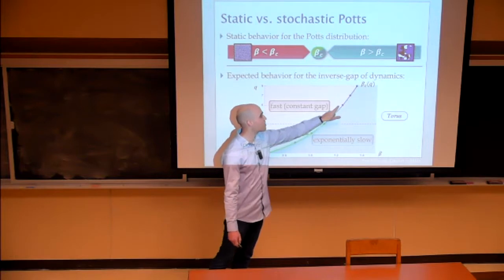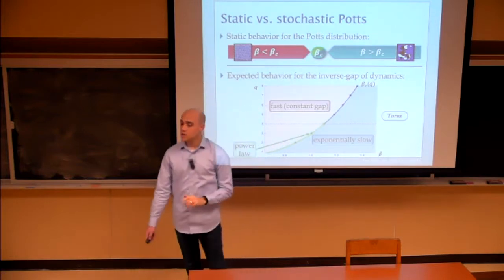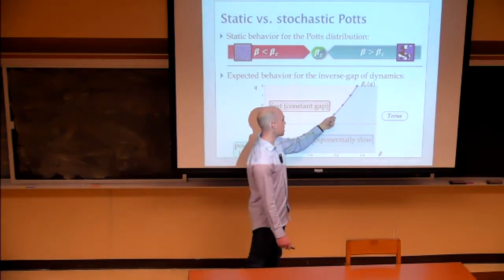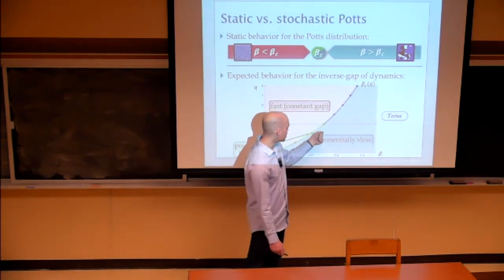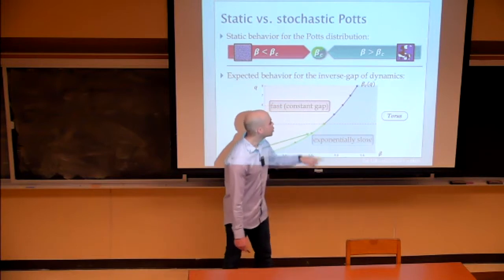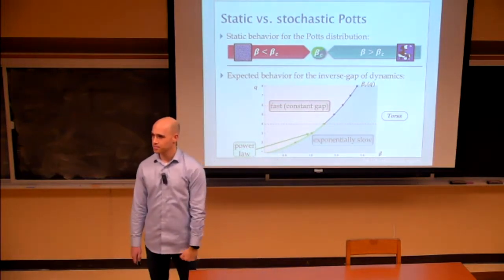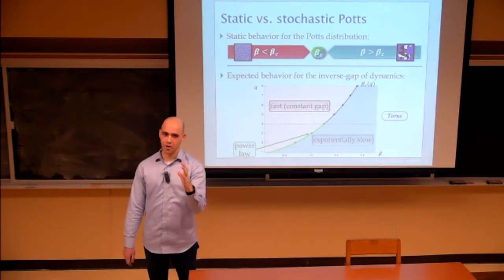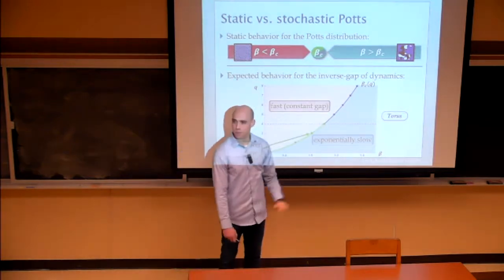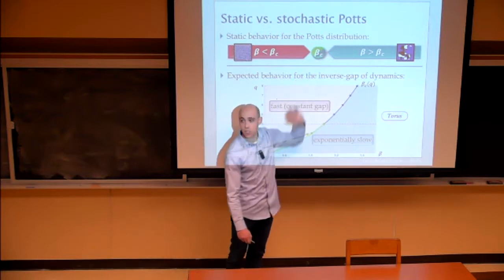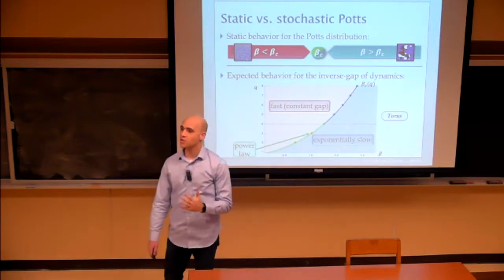But for 5 and up, and now we know at least in the static case, it is a very recent result that it's proven, you should immediately consider yourself as being in the low temperature regime. The critical point becomes a low temperature point where you should think of yourself as being exponentially slow instead of having a power law.